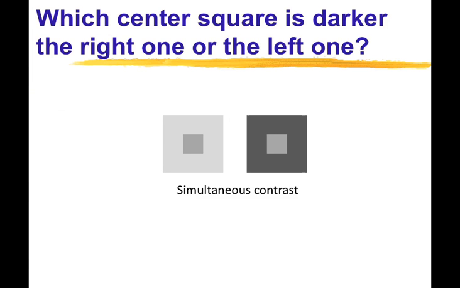It turns out that the output of the ganglion cell is dependent not only on how much light hits its center, but also how much light hits its surround. If the surround is brighter, it inhibits the center and will make it appear darker. If the surround is dark, it will inhibit the center less and it will consequently appear brighter.